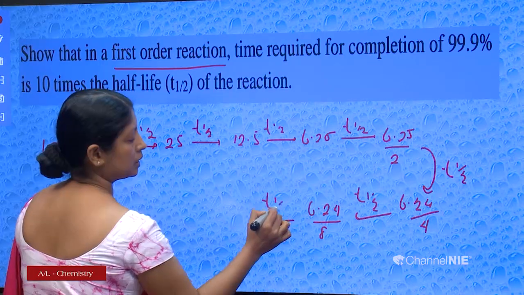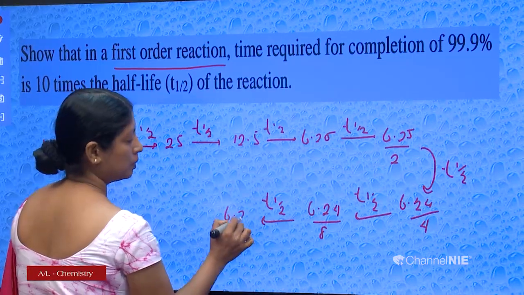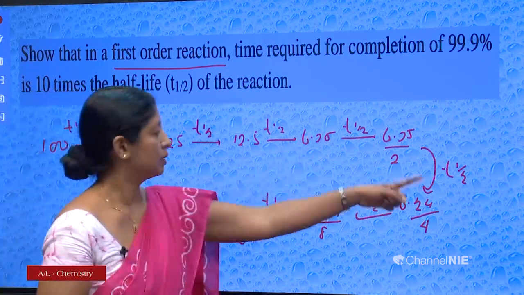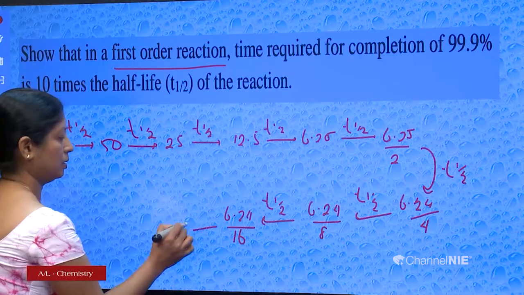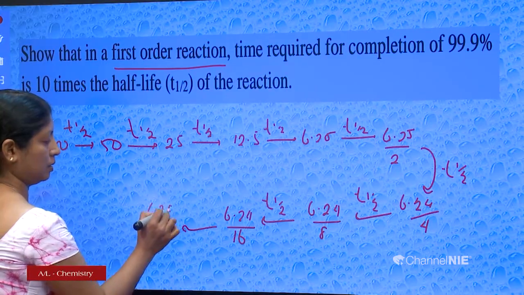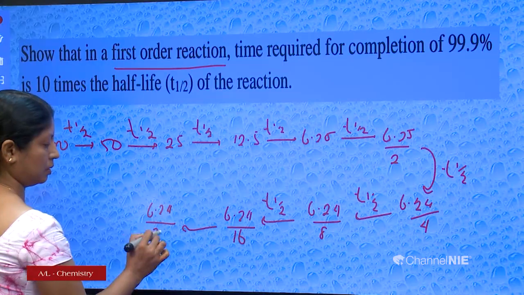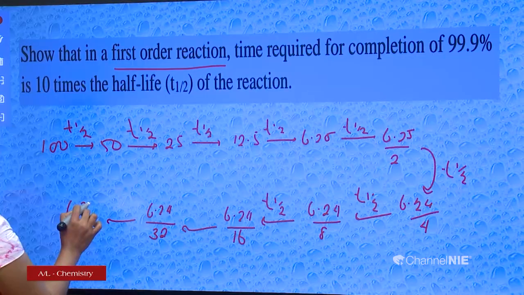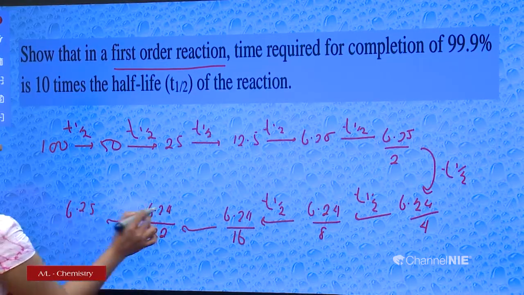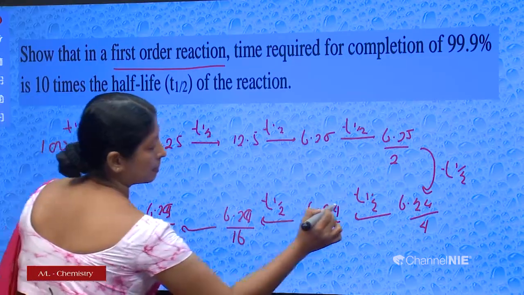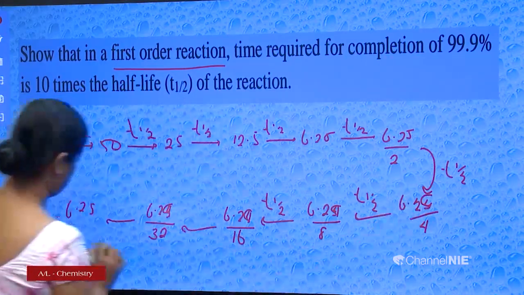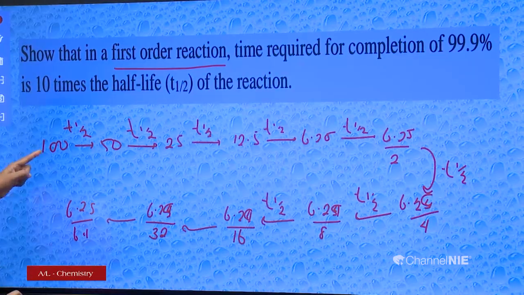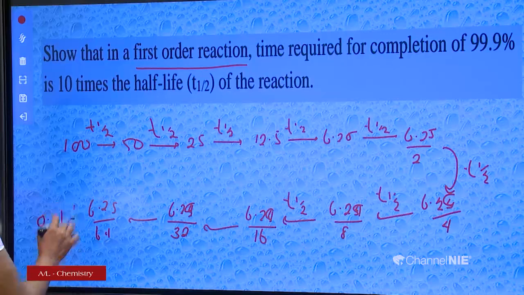The initial concentration also has to be reduced by 2, and this has to be reduced by 2, even this has to be reduced by 2. So you will end up with, if the initial amount is 100, the remaining amount being 0.1%.